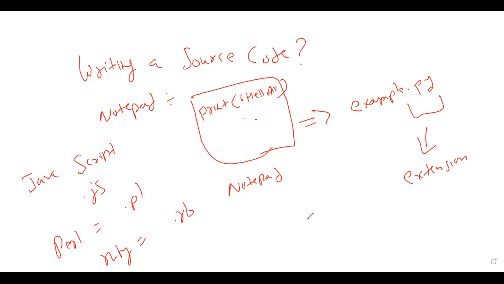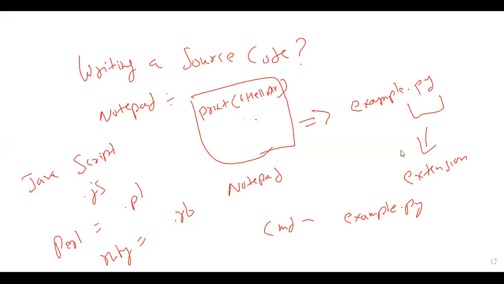Example.py is what I'm using here. I will show you this one in cmd, and I just run this program. I need to execute this program and it will print, so I need to use python example.py.